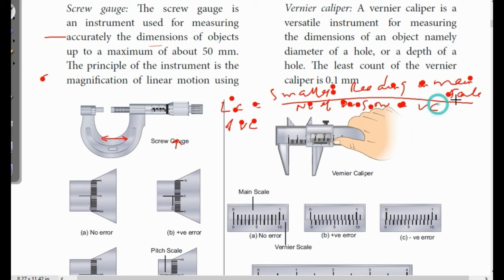When we are saying main scale, I am talking about this. This is the main scale. When I am talking about the Vernier scale, it is this portion. This is the Vernier scale.